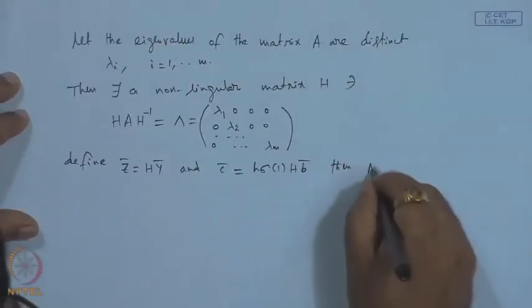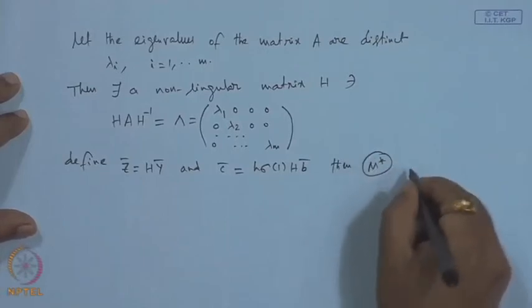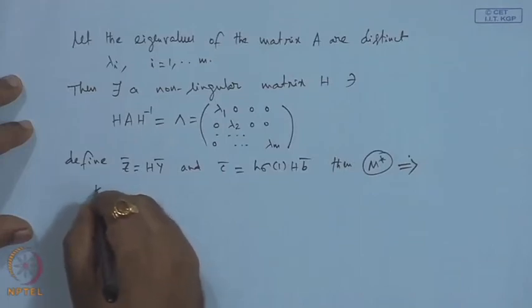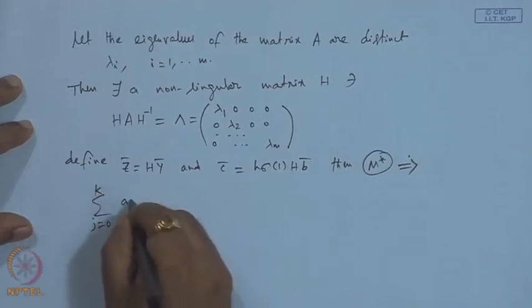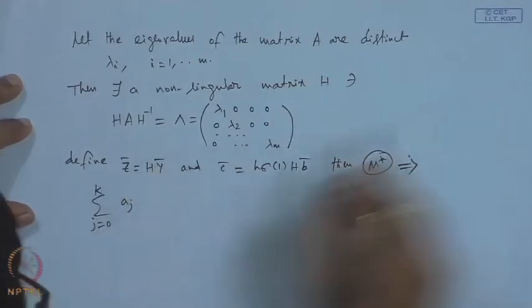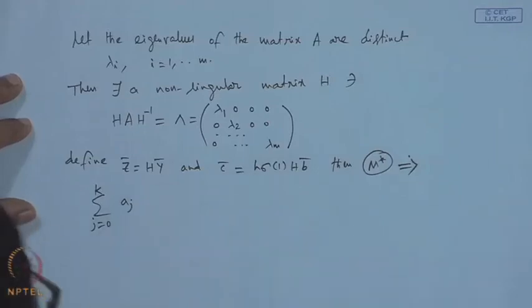Okay. So, then m star becomes A j. So, your m star contains the identity matrix.